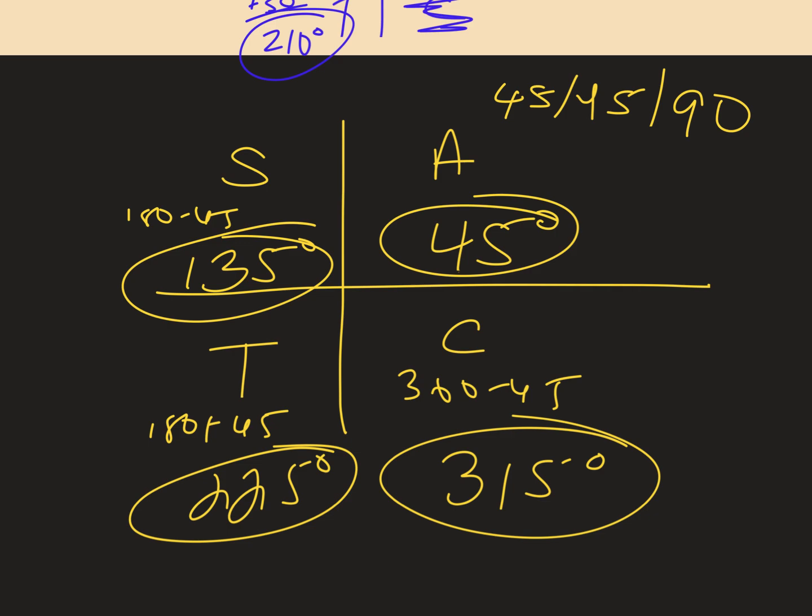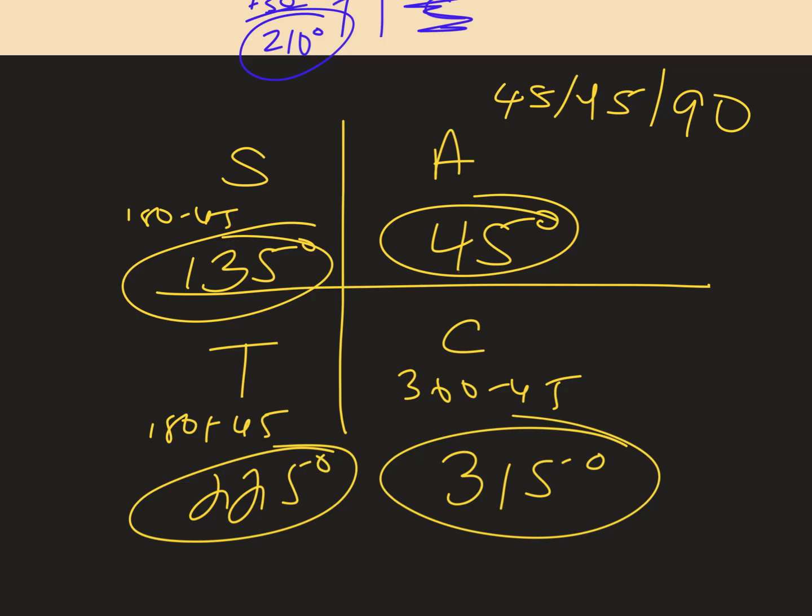Hunter, question? Are we good? Yes, sir. How do you know which sections to cross out? It depends if it's positive or negative. That's a good question. Say they said, okay, I want where the cosine is positive. So what would you cross off?